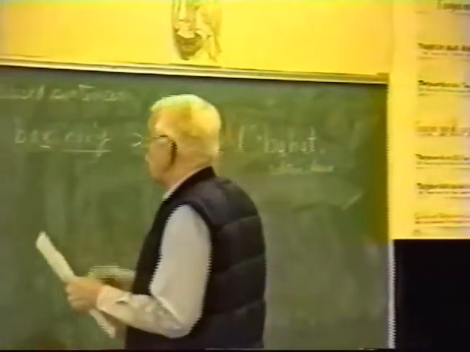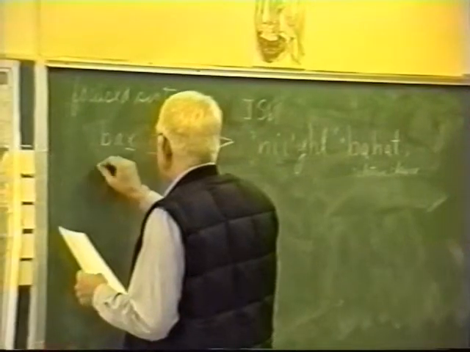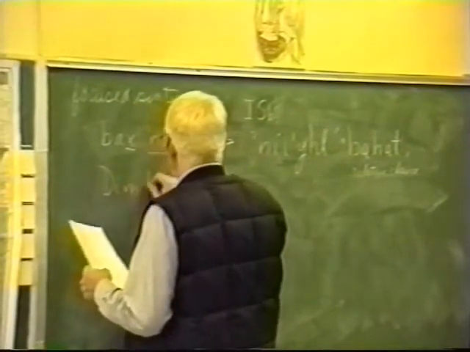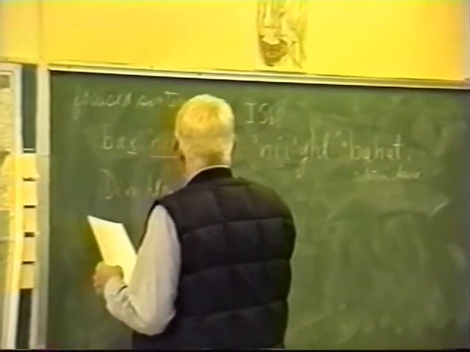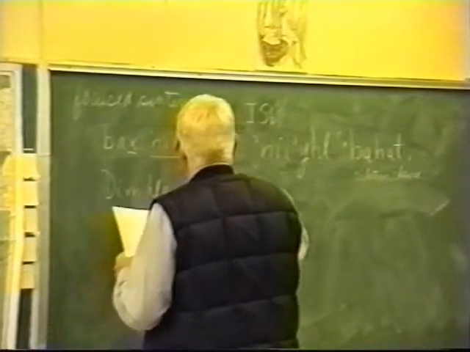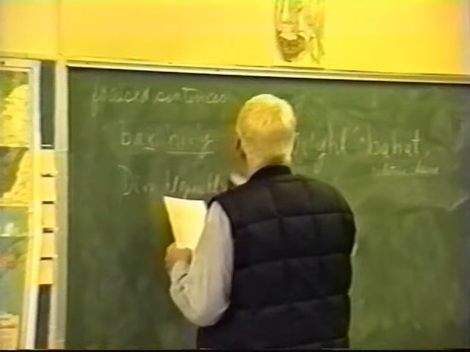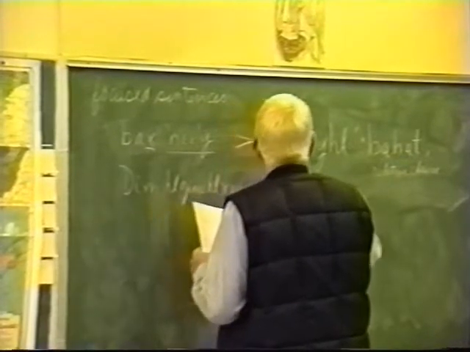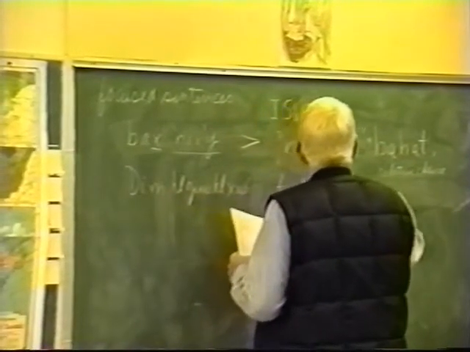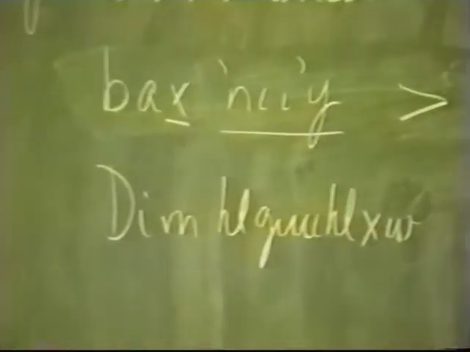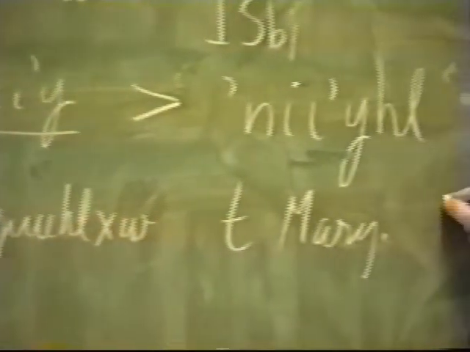How about "Mary will have a child," or "Mary is going to have a child"? How about our basic sentence here? Dim scoot, Mary. Okay, "Mary will have a child," our basic sentence.